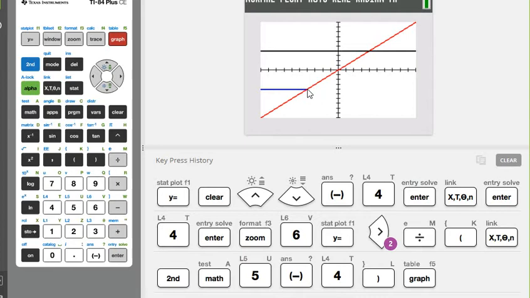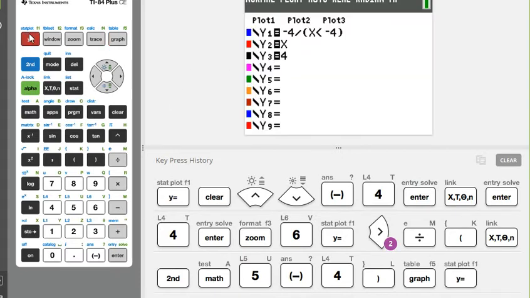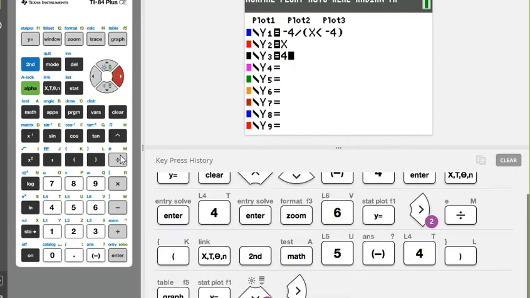Beautiful. Now, we're going to do the same thing up here for the graph of y equals 4. I don't want the part to the left of this red line. I want it to the right of 4, not to the left of 4. So let's go back and try the same thing here. So we're going to do a division key. So divide by, left parenthesis.